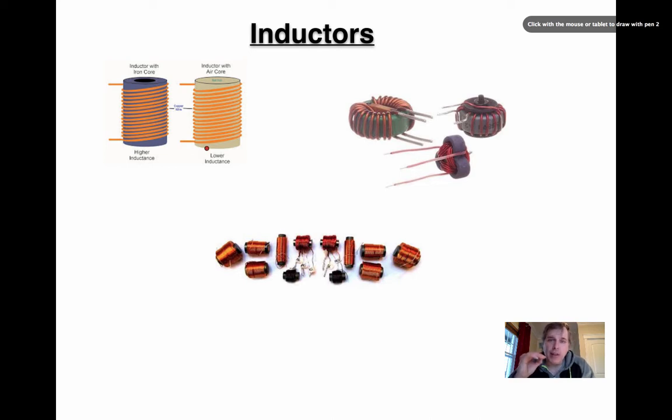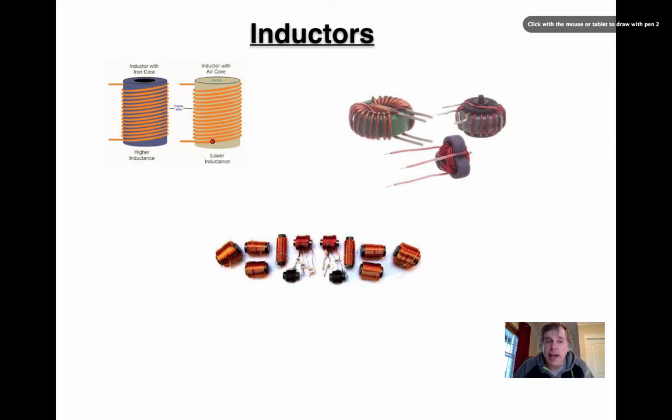But if you change the current with respect to time, the magnetic field inside the inductor will react to that. If you change the current, the inductor will oppose the change of the current.